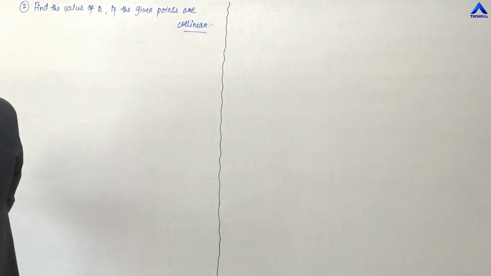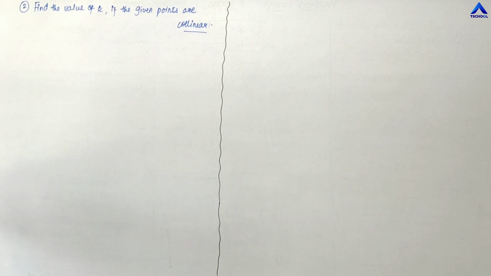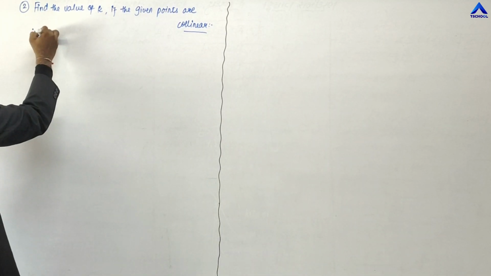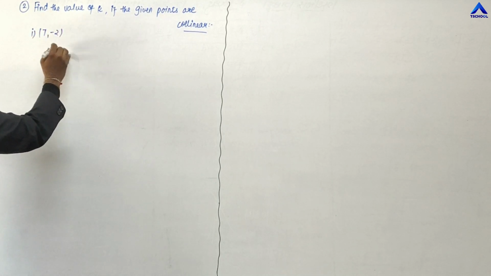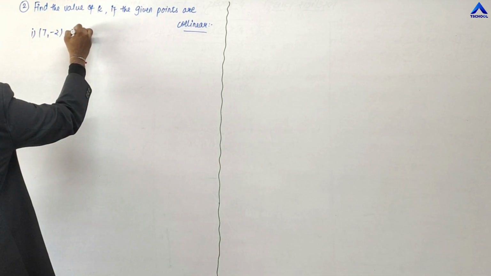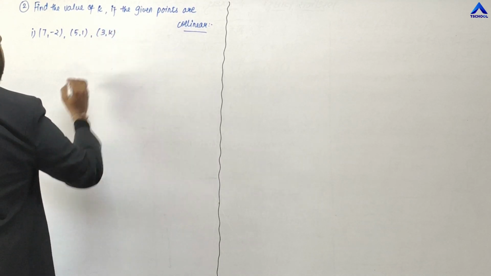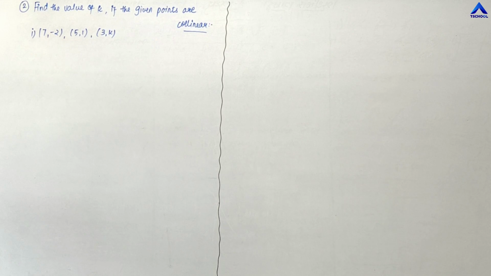Find the value of k if the given points are collinear, and the points given to us are 7 minus 2, 5 1 and 3 comma k.